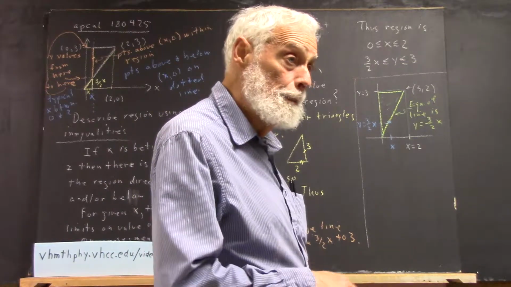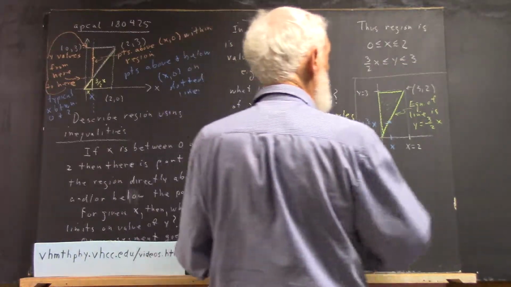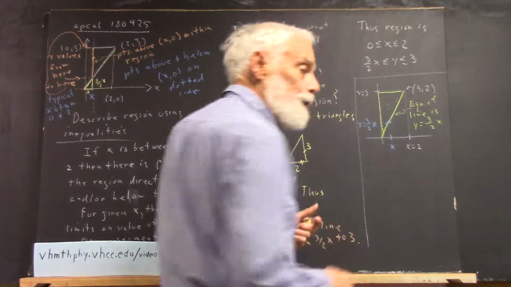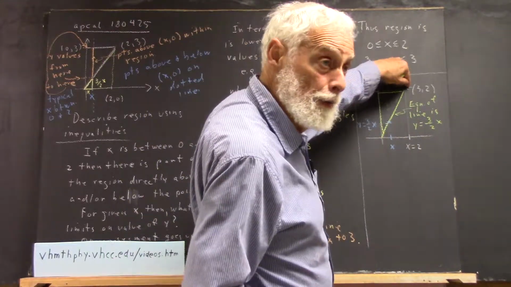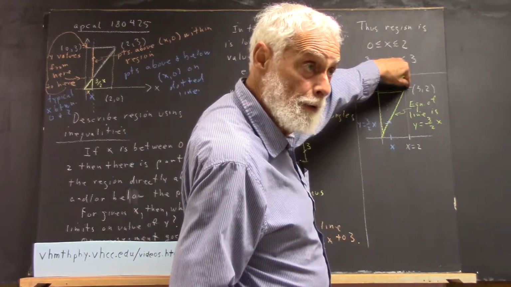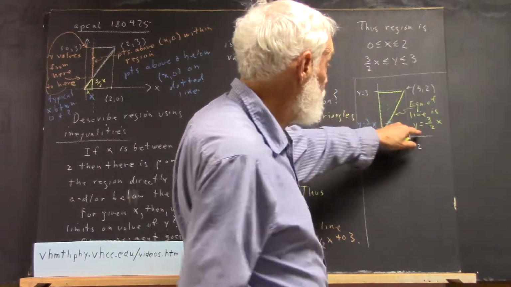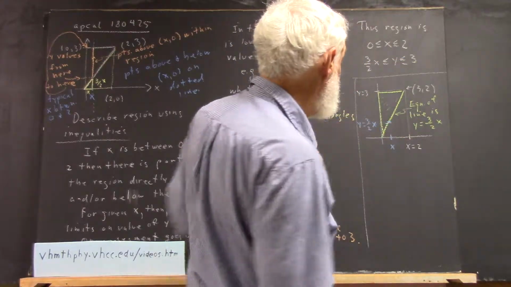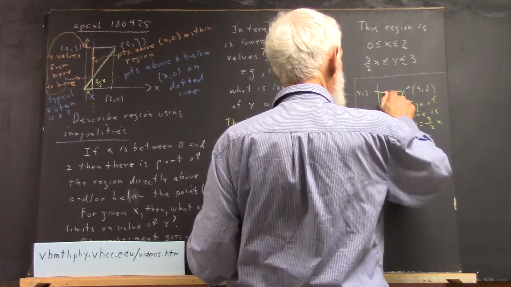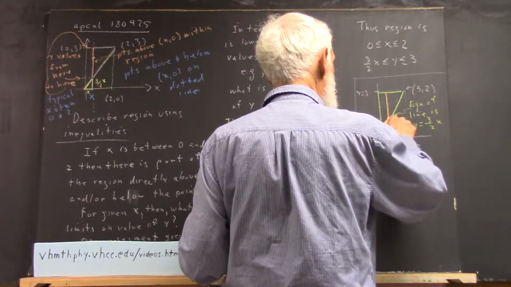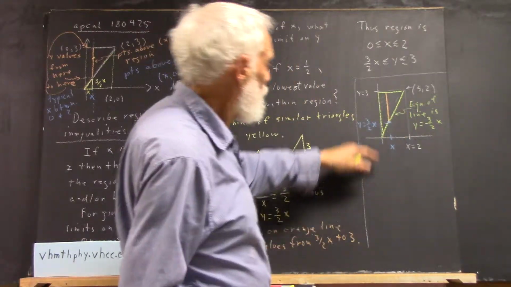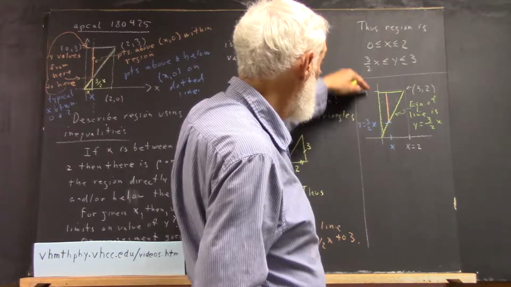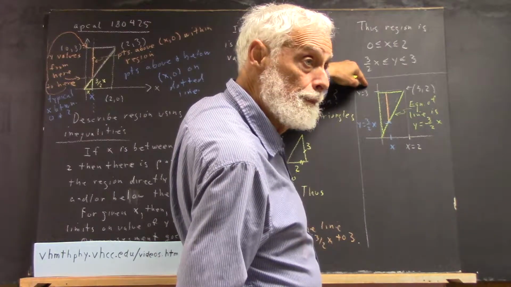So again, if we have the equation of this, it doesn't matter whether this is a line or a curve. I'm going to do one with a curve in a minute. Doesn't matter whether this is a line or curve. The region that you're looking at, the region that you're trying to describe, starts at y equals 3/2 x and goes up to y equals 3, right?